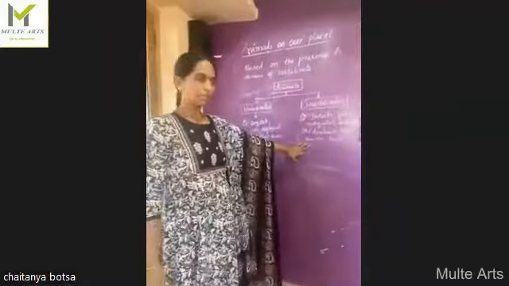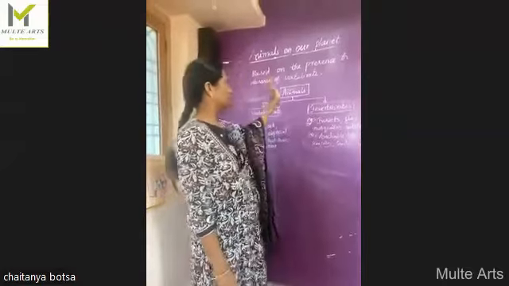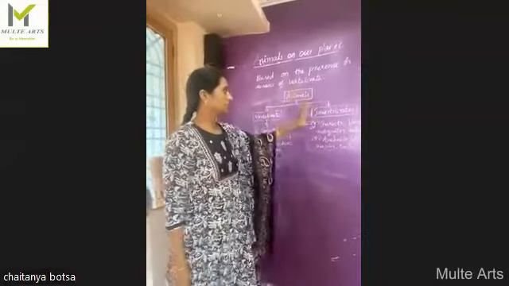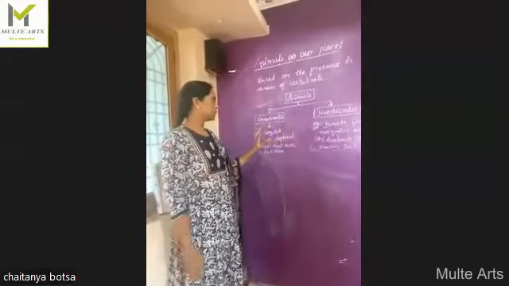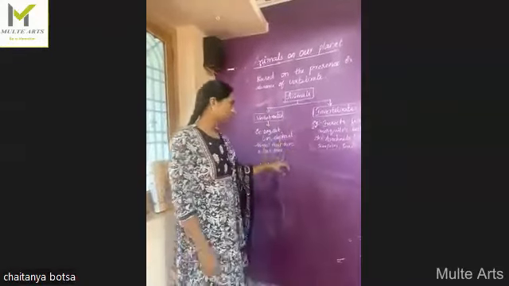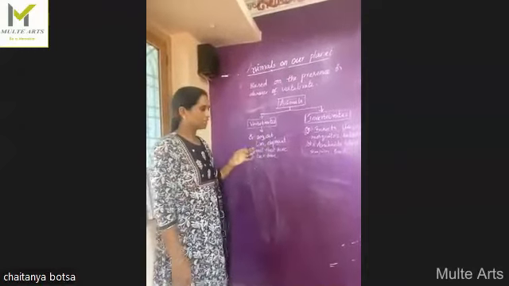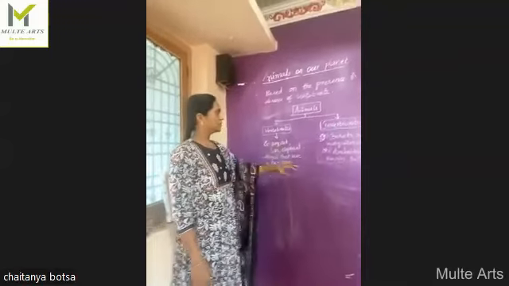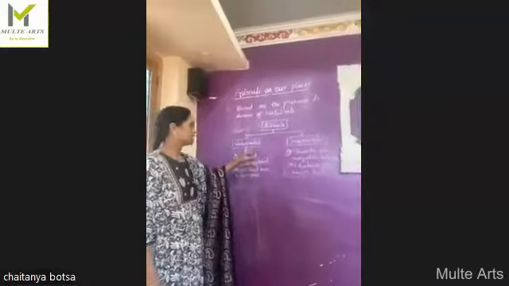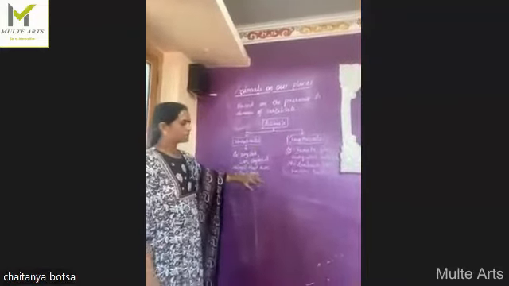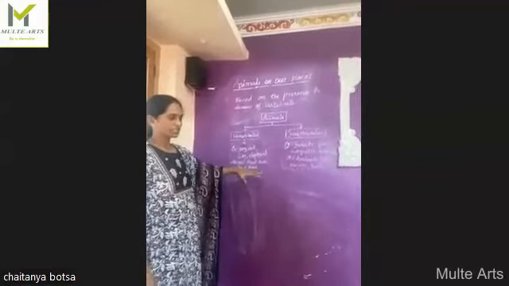Okay, so we are going to discuss once again. Based on the presence or absence of vertebrae, there are two types of animals: vertebrates and invertebrates. The animals that have a backbone are called vertebrates, like dog, cat, lion, elephant, cheetah. The backbone plays a major role in our life, and it provides shape and structure to our body.